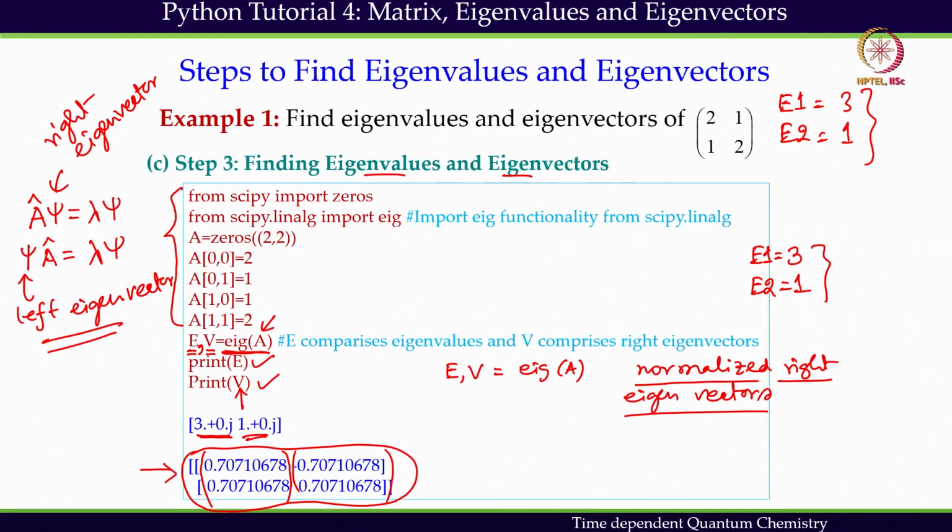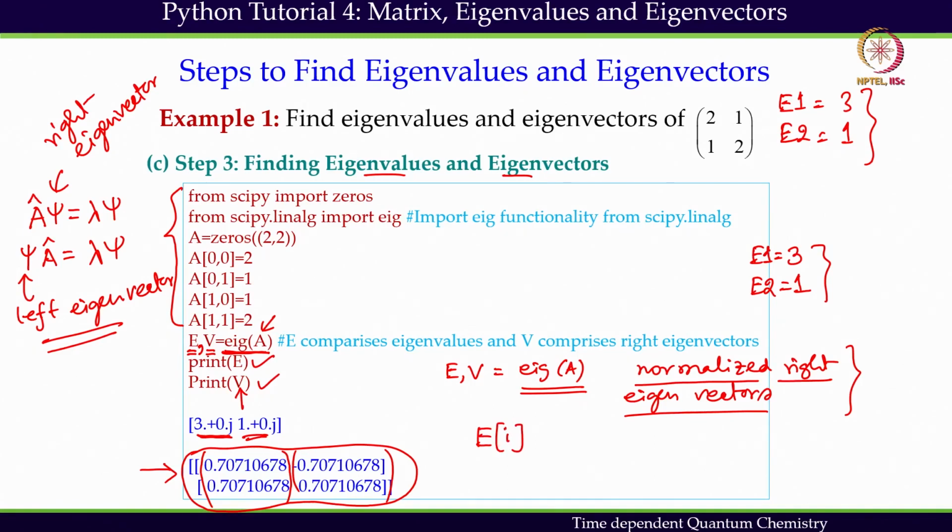So this construct is actually giving me normalized right eigenvectors, and one can access the values of the eigenvectors like this because it is an array.